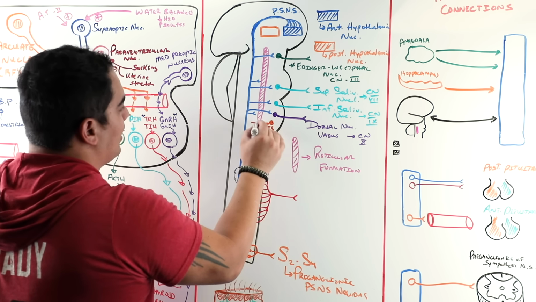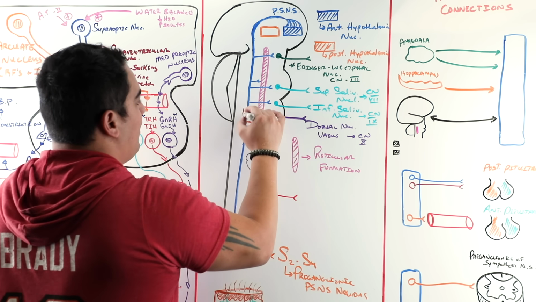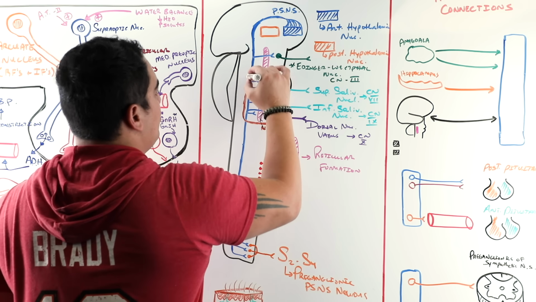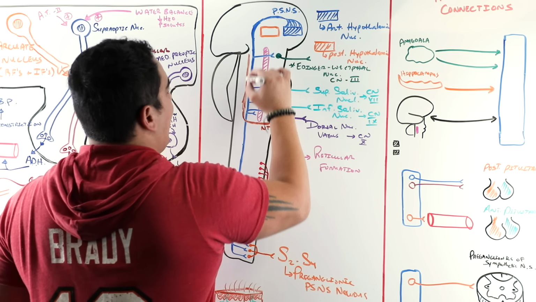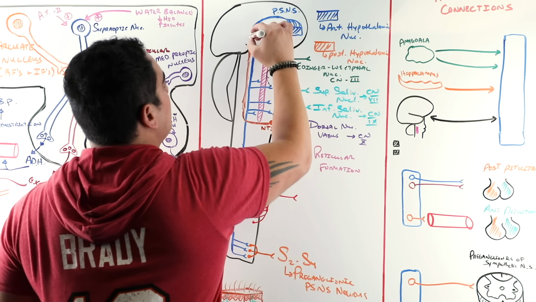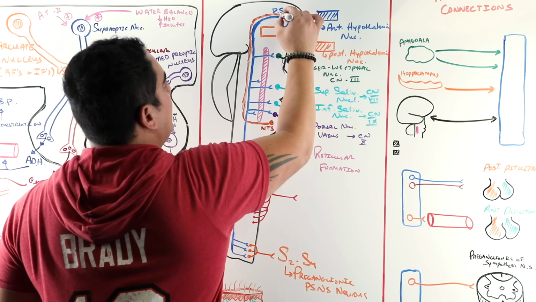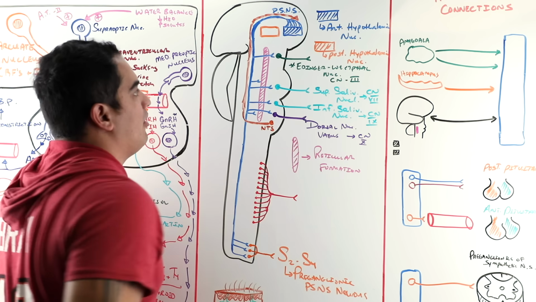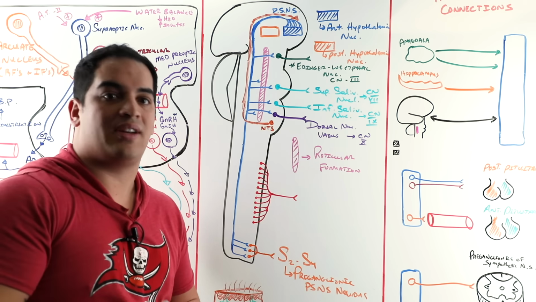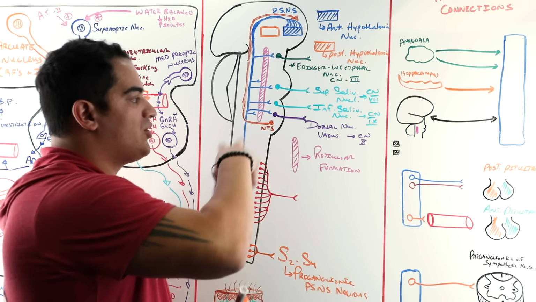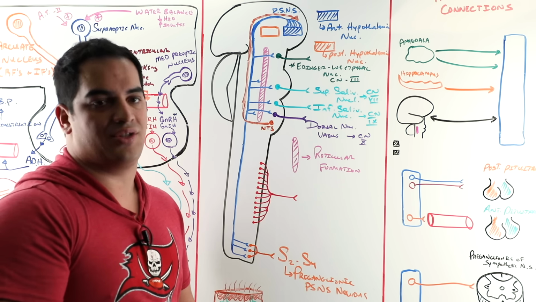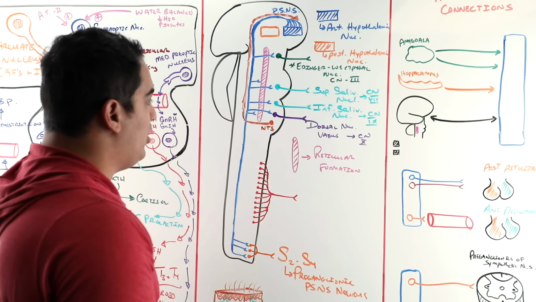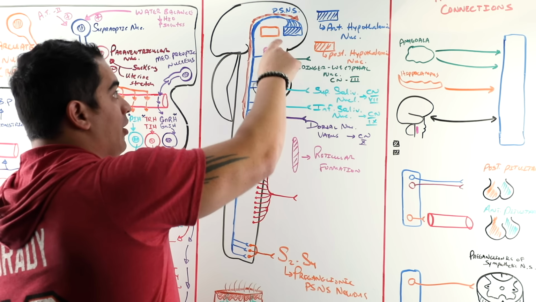Technically, the nucleus of tractus solitarius can send fibers up with the dorsal longitudinal fasciculus that go to the anterior hypothalamic nucleus to let them know of all the types of taste sensations, cardiovascular, visceral sensations that are going on. Okay, beautiful. That covers the parasympathetic part.